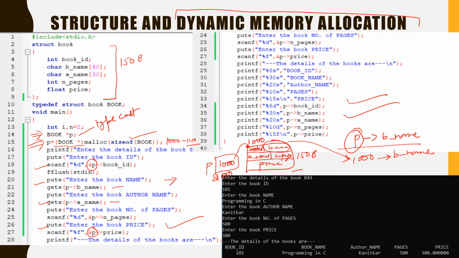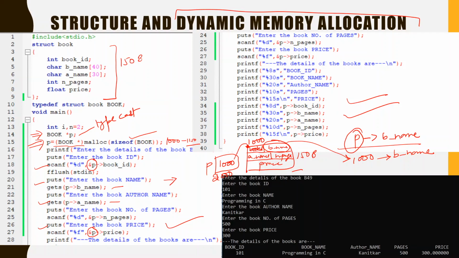Now, since this is storage for only a single book, there may be cases when we dynamically require storage of multiple books. So we need to create some arrays.